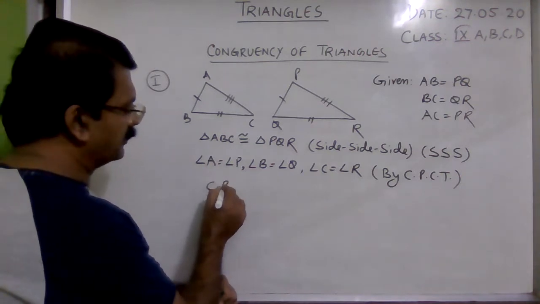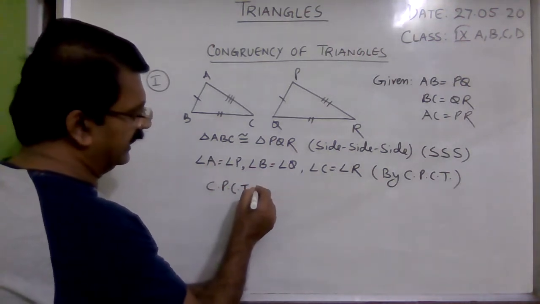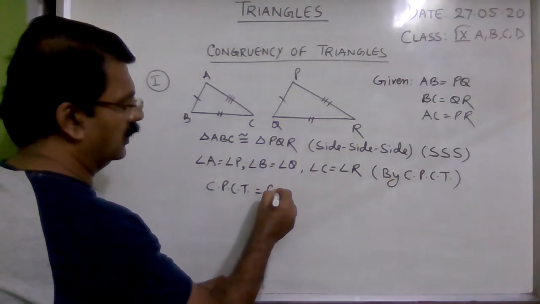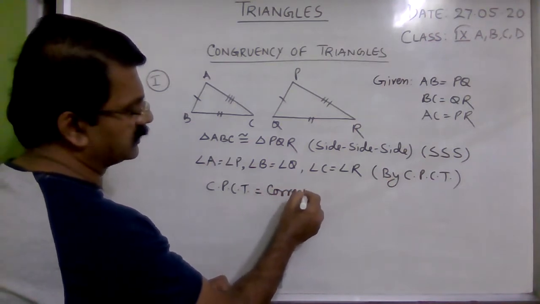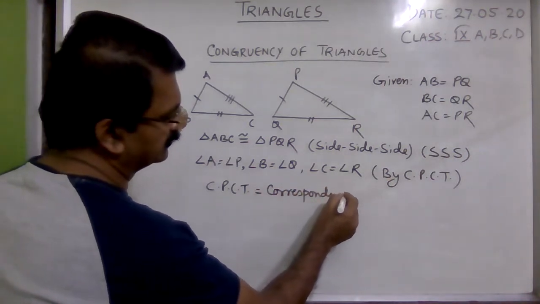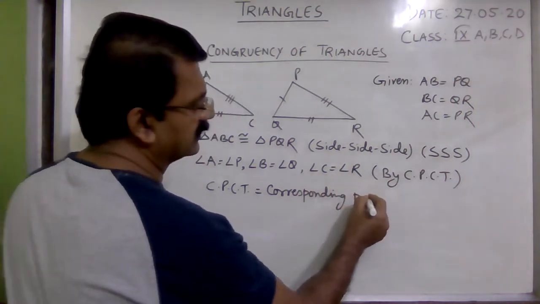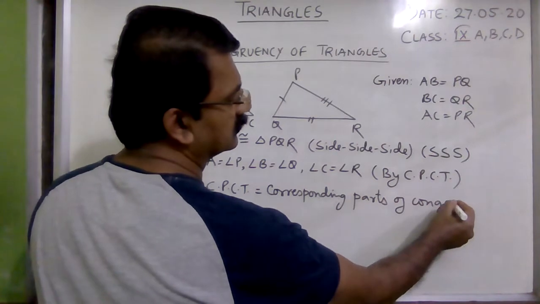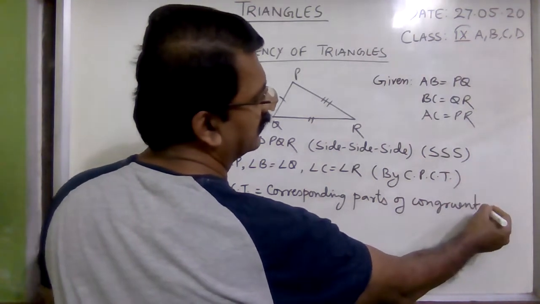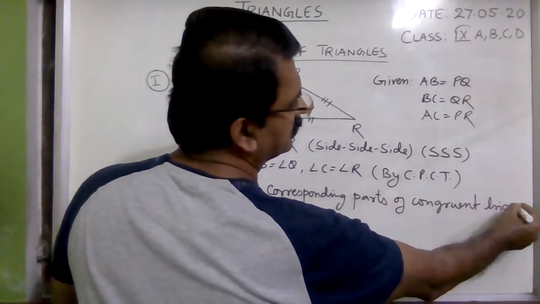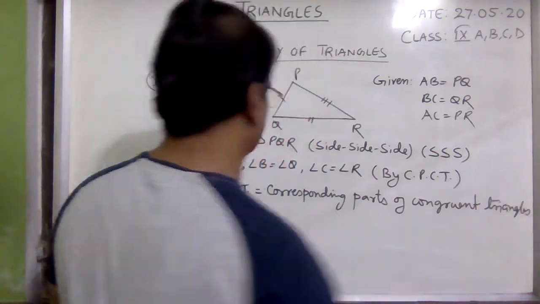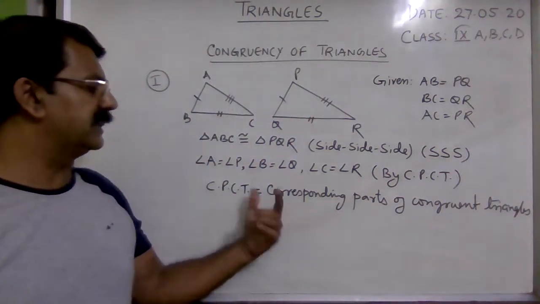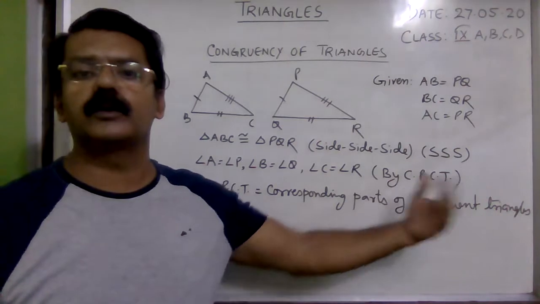The full form of CPCT is corresponding parts of congruent triangles.